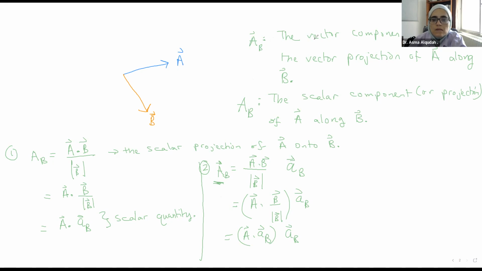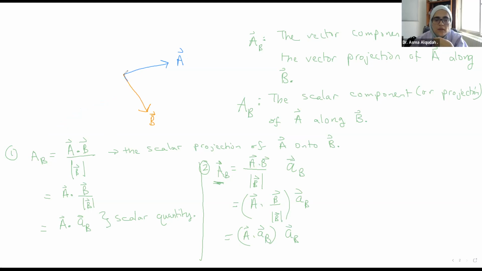So this is vector A. The scalar component of A onto B is a straight piece, that is, its magnitude is equal to A sub B. It's not a vector, it's just a straight piece having a distance of A sub B. It's like this.